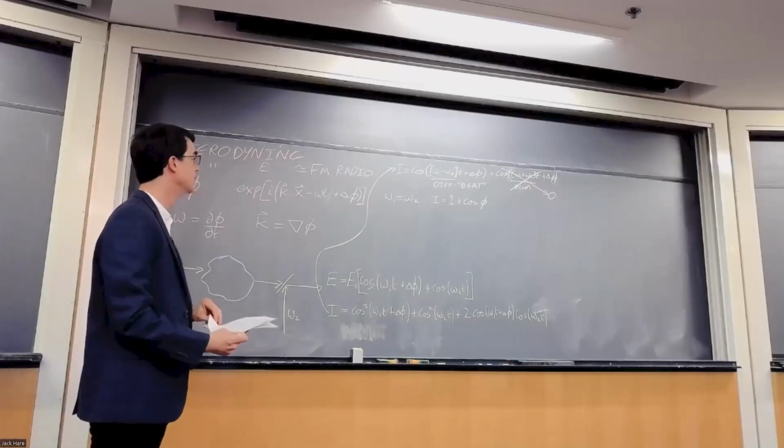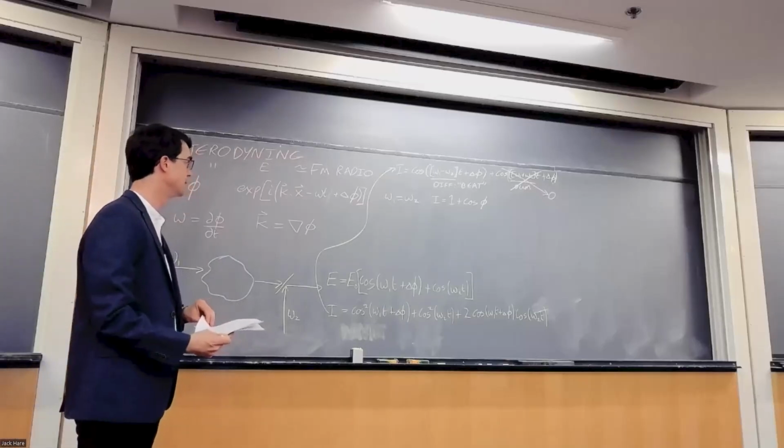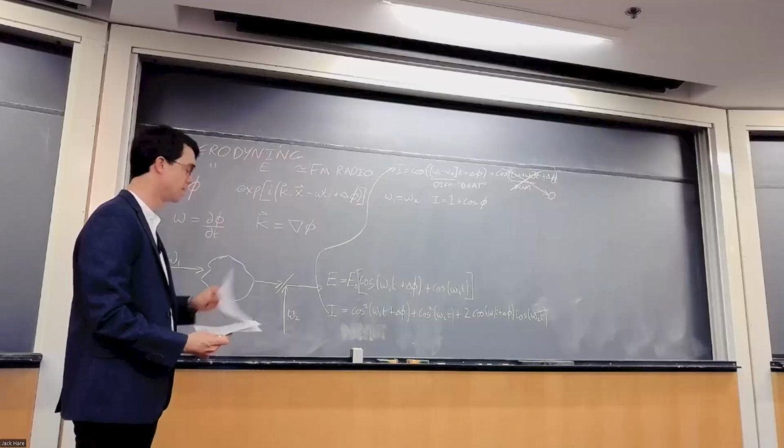I suspect you'll end up with a cos squared omega t plus a sine squared omega t.